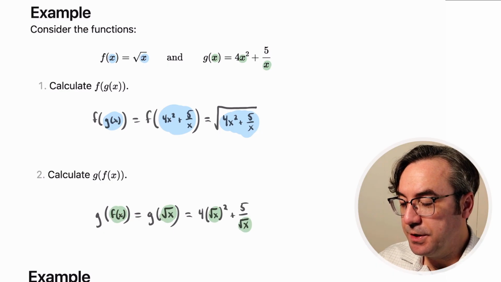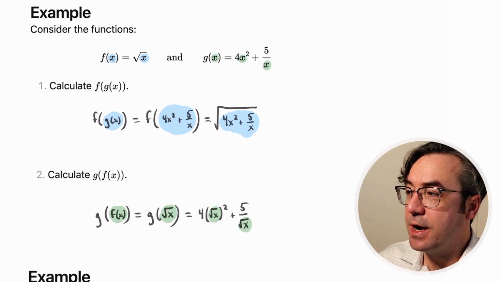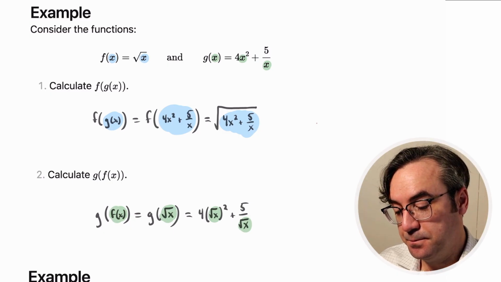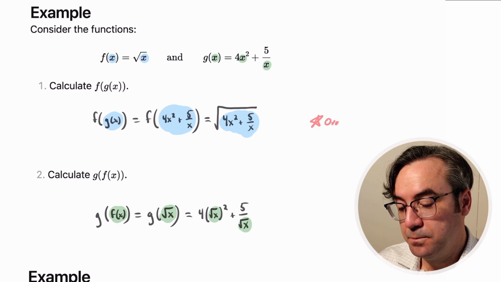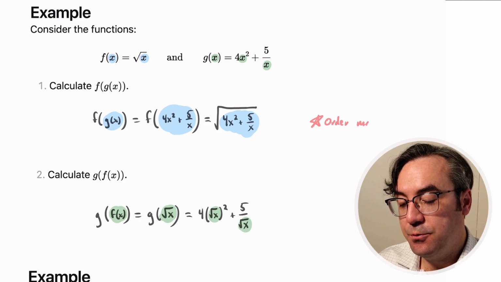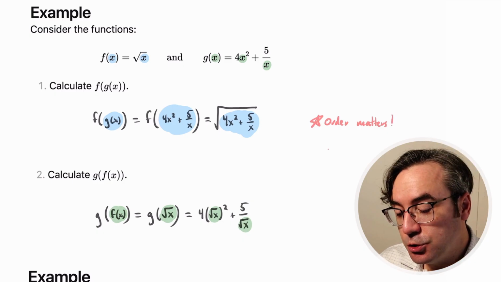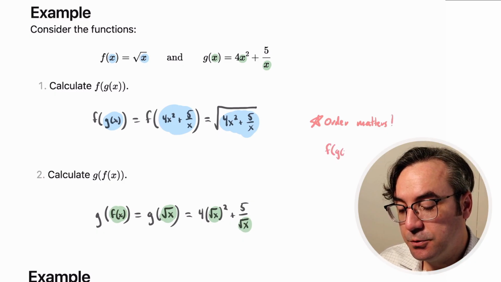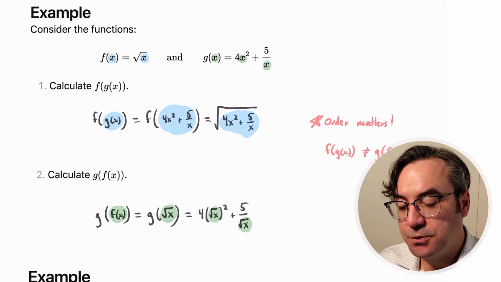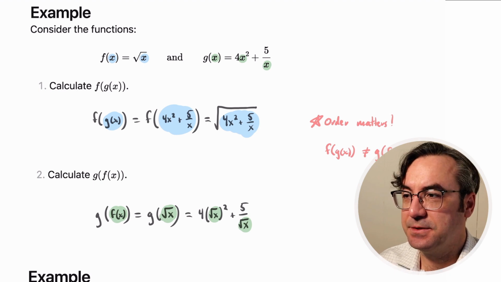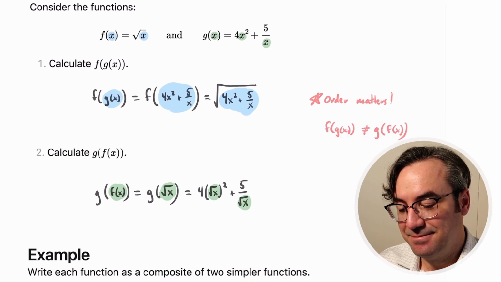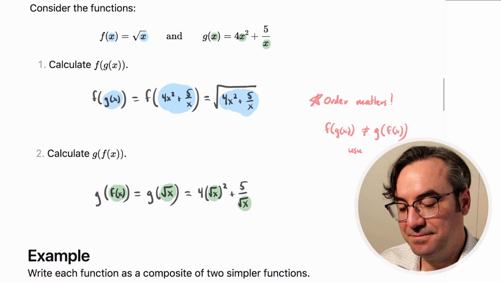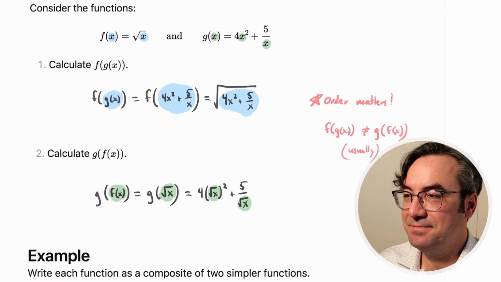So what we notice, though, is that the order actually does matter. So the order in which you do the composition, the order matters. So usually f composed with g of x does not equal the opposite one, g composed with f of x. Normally they're different. And that should make sense.